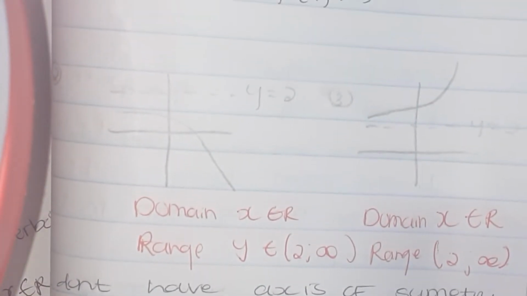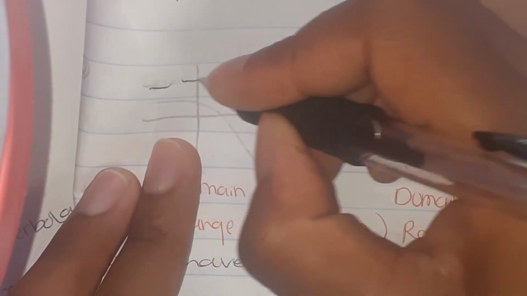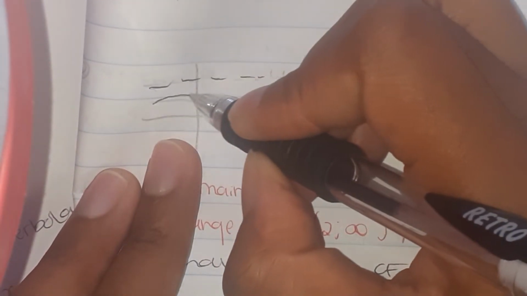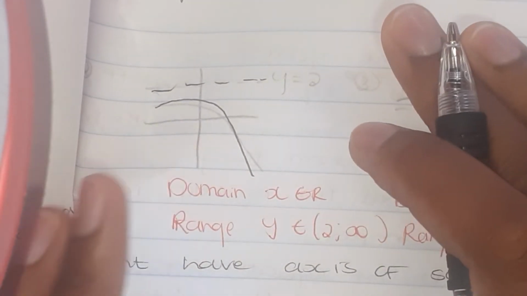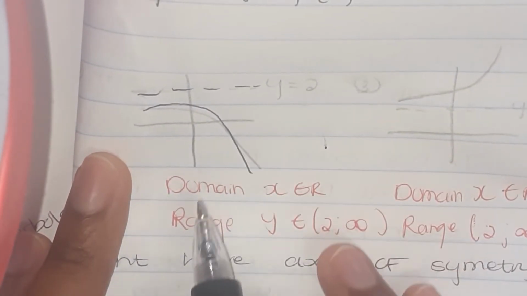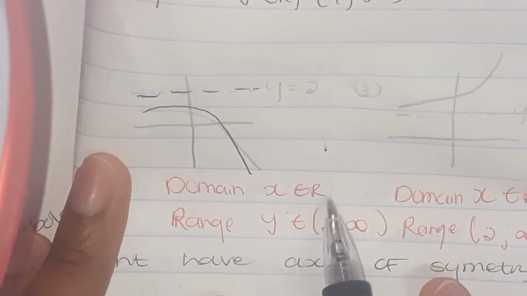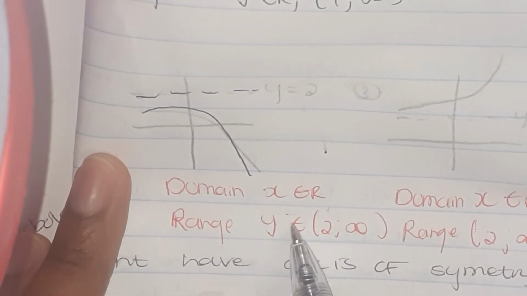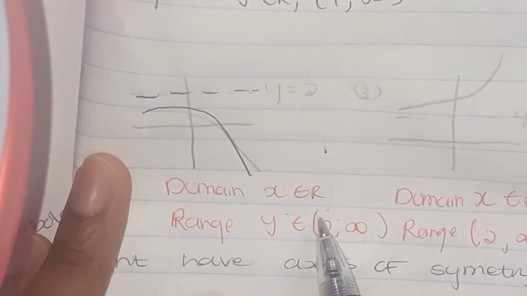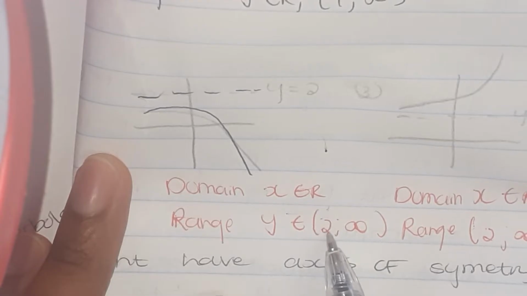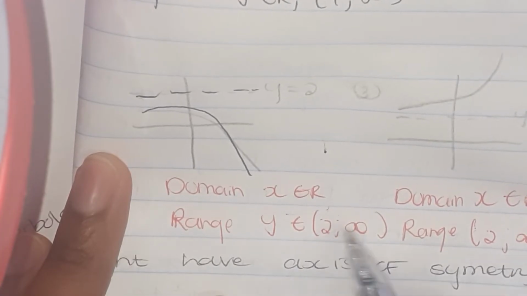And then here, on this graph, we have the asymptote here. Then we have that graph like that. You see, domain, x is an element of a real number. That's it. Range, y is an element of a real number from +2 to positive infinity.